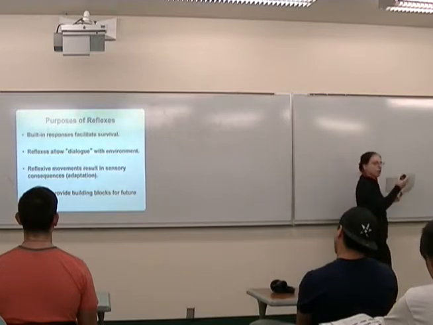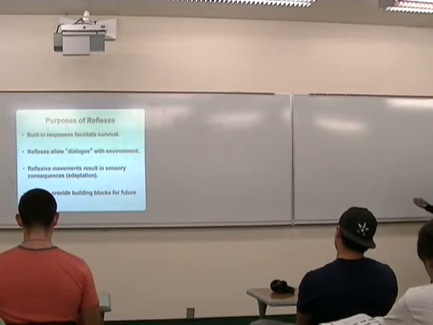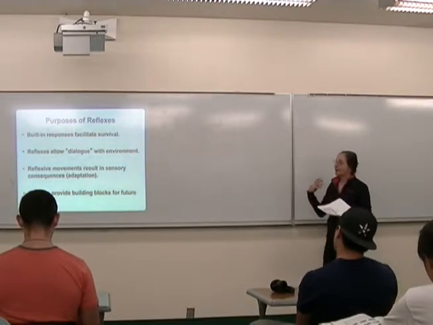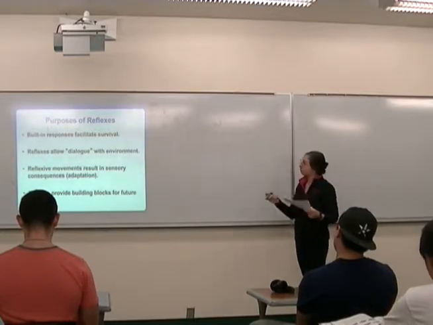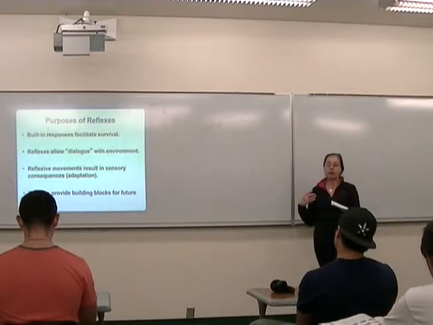If they weren't able to suck, and we don't have voluntary control of the throat and the swallowing mechanism at that age, how would they get food and survive? So it's a reflex action that allows survival. It also allows dialogue with the environment.